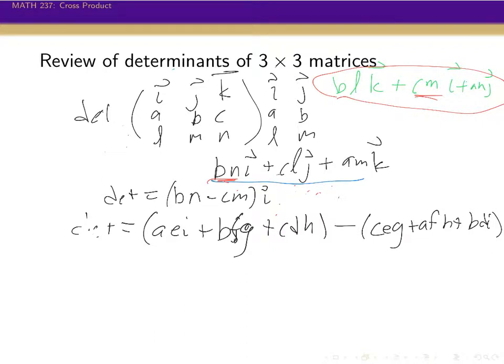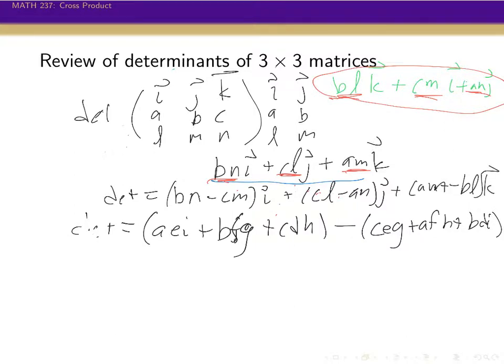And then for j, I have CL minus AN. And for k, AM minus BL.